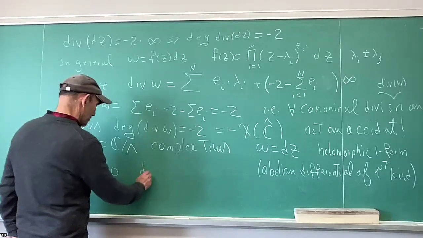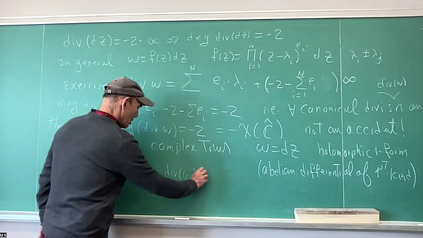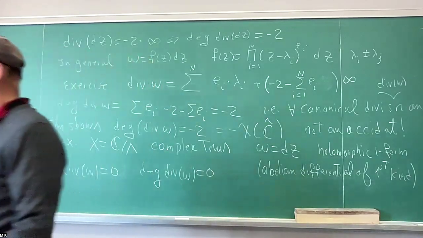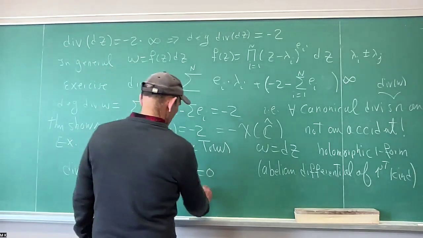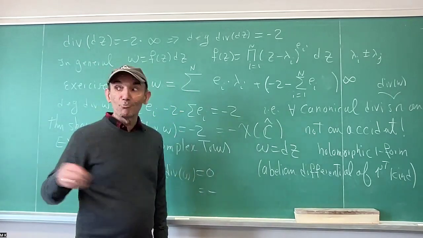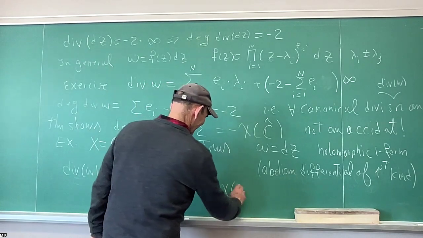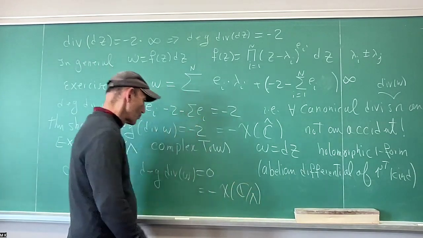So what is the degree of the divisor of omega now? Well, this is obviously zero, but what does zero have to do with the torus? What is the connection? The same thing. It's again the Euler characteristic of the torus, right? I want to write minus the Euler characteristic of the torus, C over lambda, which is zero.